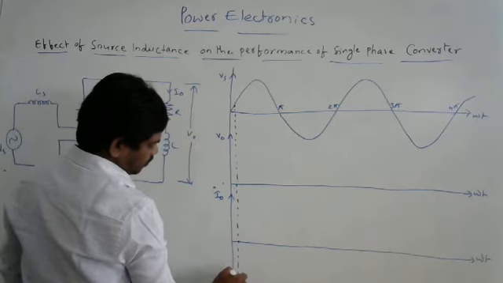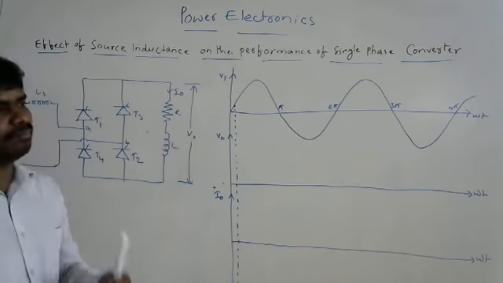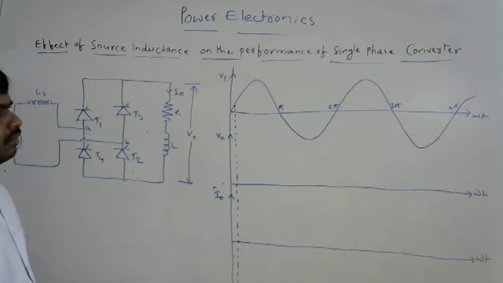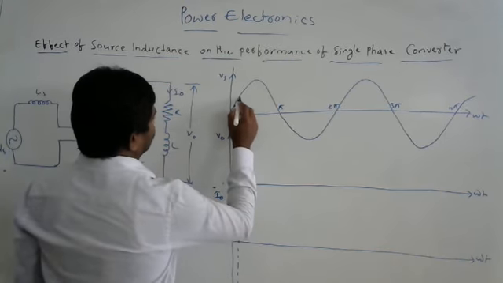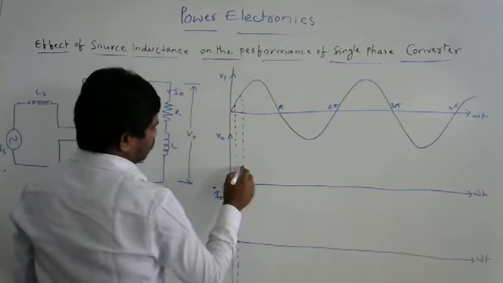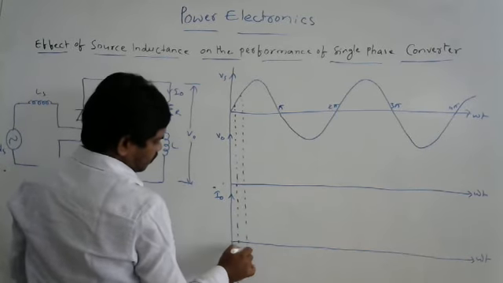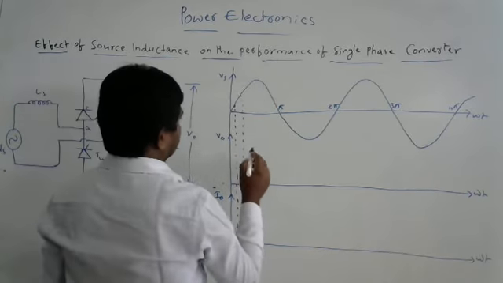Alpha means firing angle. How many angles have we seen so far? Firing angle, then extinction angle, and one more is the overlap angle. This is my overlap angle, a very important angle in this operation.